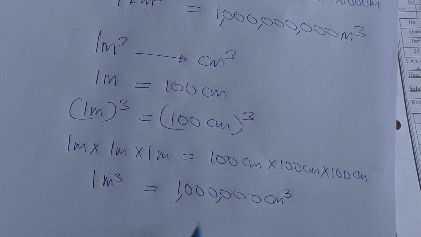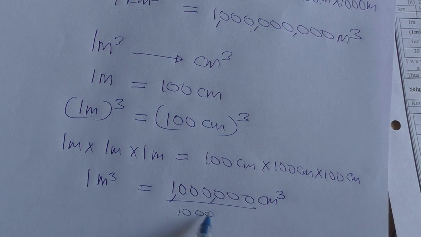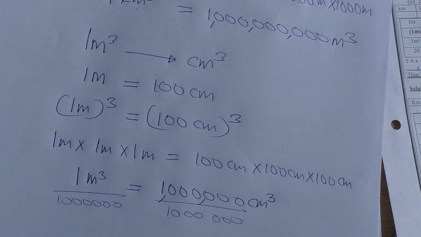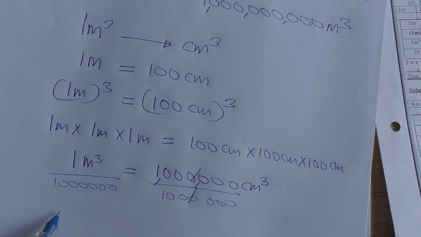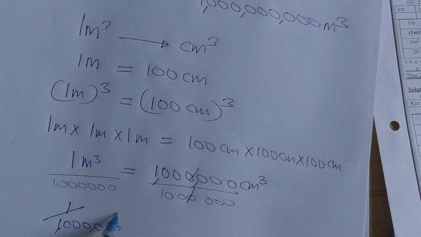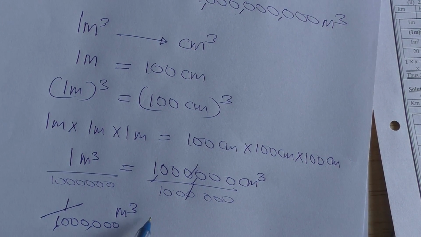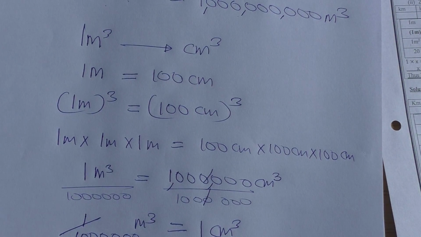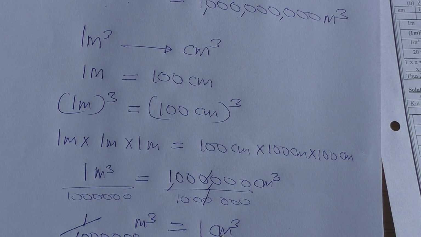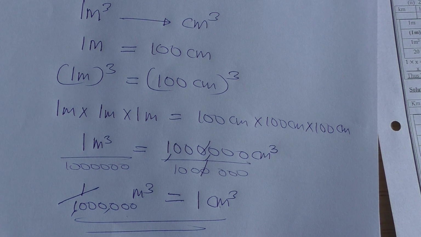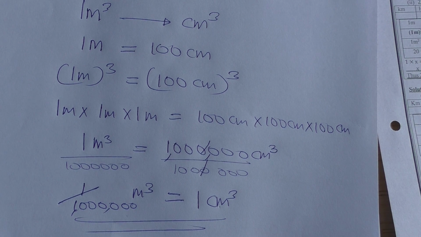And then if we divide by 1 million, that leaves us with 1 over 1 million cubic meter being equivalent to 1 centimeter cubed. That is, if we are converting from centimeter cubed to meter cubed. So that is how we convert units of volume.